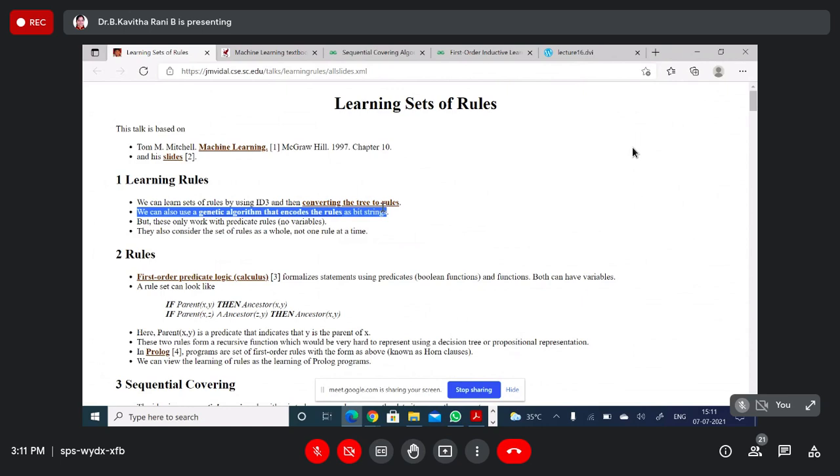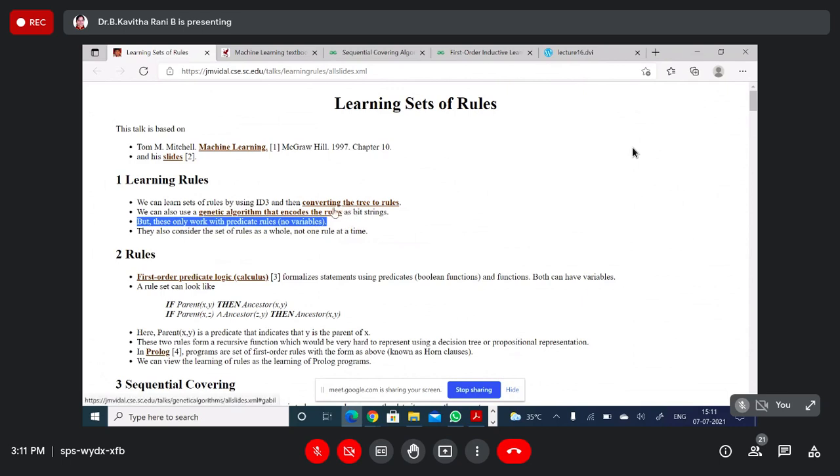With bit strings, we will be generating the rules. Then we apply different types of operators like select operator, next crossover operator, then mutation to get the result. But these only work with predicate rules, with no variables. So these work when no variables are there while forming the rules.